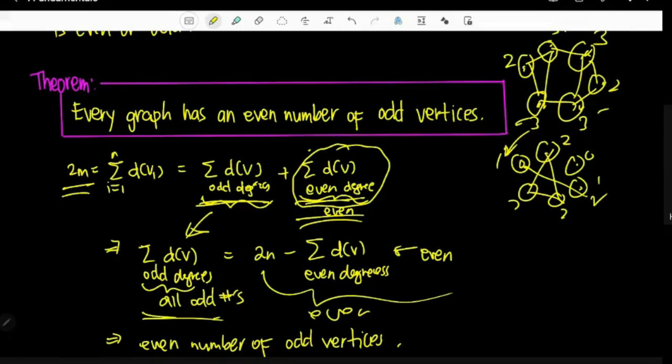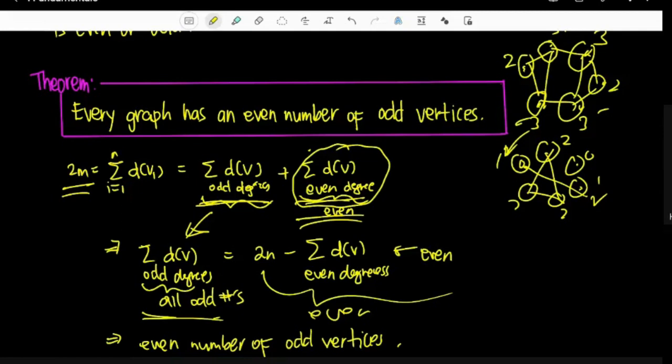Kailan lang pwedeng mangyari na ang 3 plus 3 plus 5 plus 5 plus 7 plus 7 plus 9 plus 9 plus 11 magiging even? Siyempre, pag meron kang even numbers of addends. Halimbawa, 3 plus 3 plus 9. Kung tatlong odd ang inadd mo, yung magiging sagot, odd.